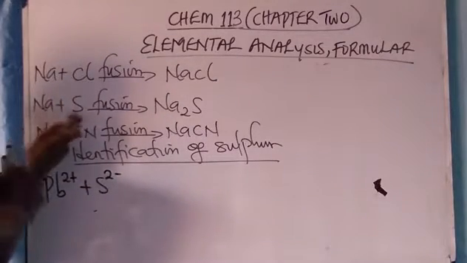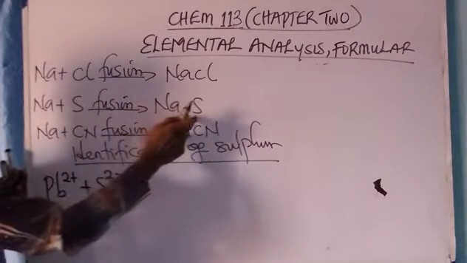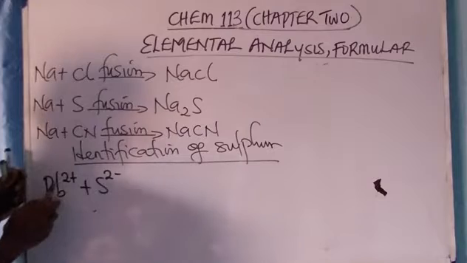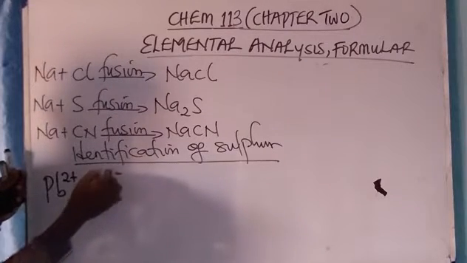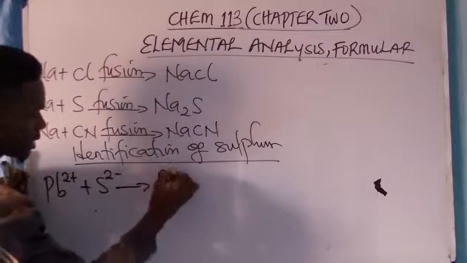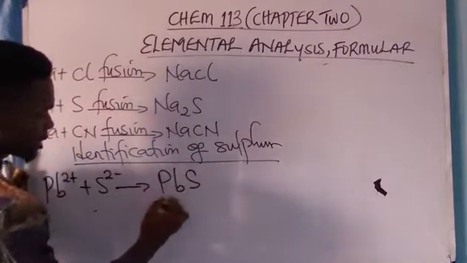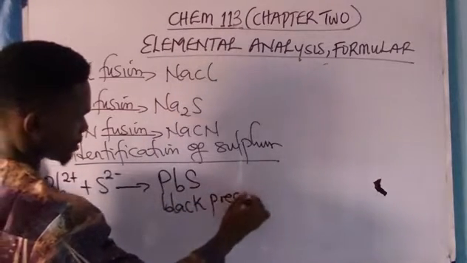When we did the reaction, we had sodium sulfide. So this lead is reacted with this sulfur. Now these two cannot get out. I'll now have lead sulfide. Now this is a black precipitate.